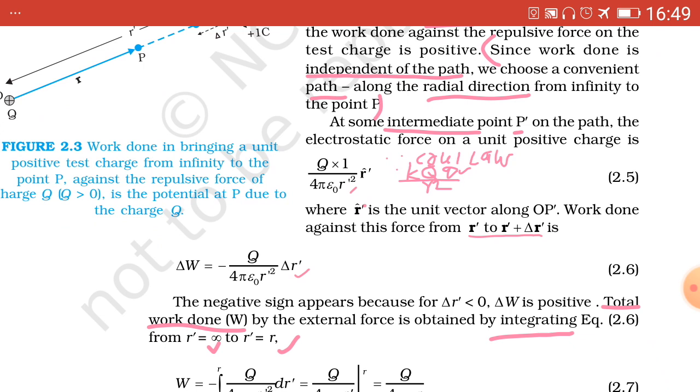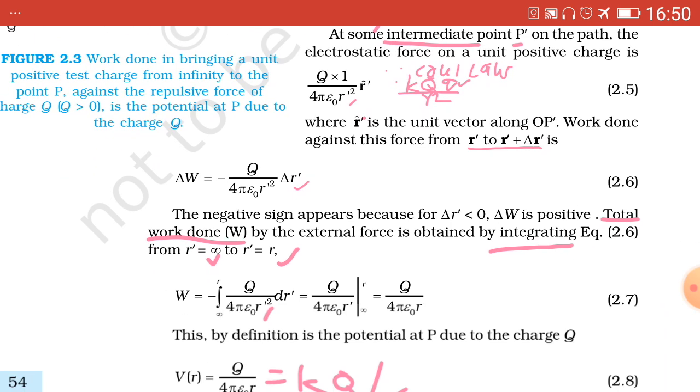In going from infinity up to point P, you can take such small segments and calculate the work done, delta W1, delta W2 and so on, for better accuracy. In equation 2.6, the negative sign appears because delta r dash is less than 0.